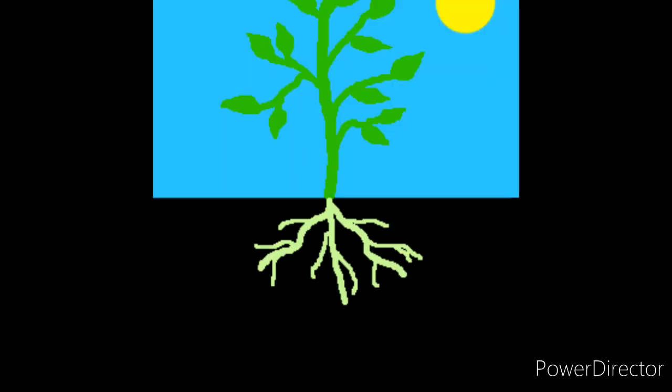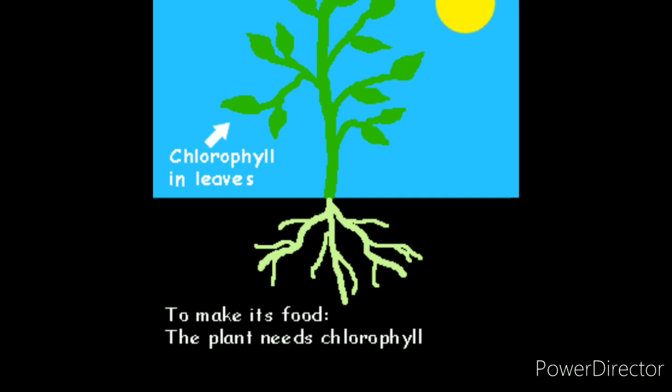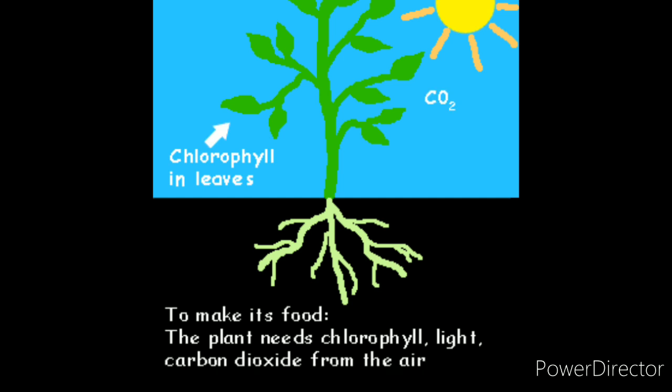First of all, to make its food, the plant needs chlorophyll, which is present in the leaves of it, and light that comes from the sun, and the third one is carbon dioxide, which is taken from the air, and at the last, water.